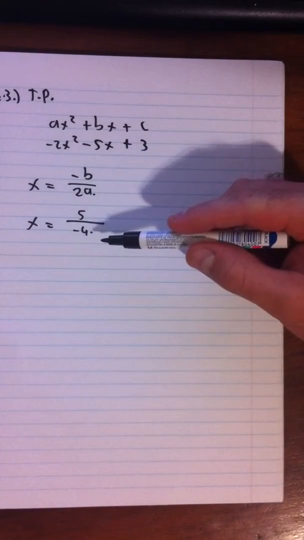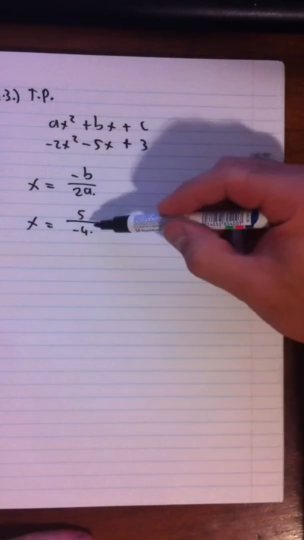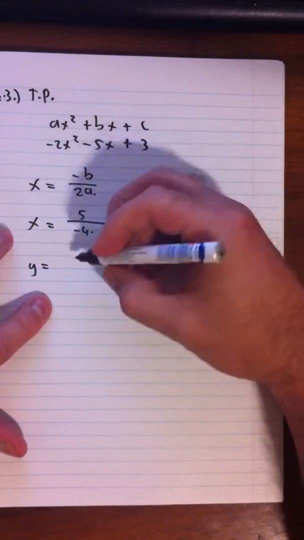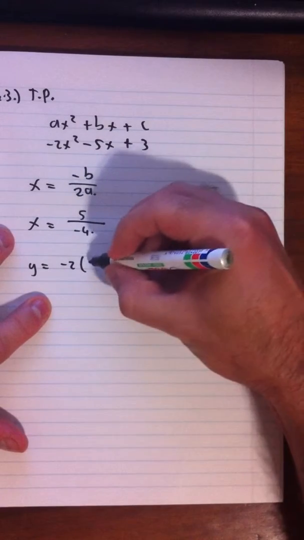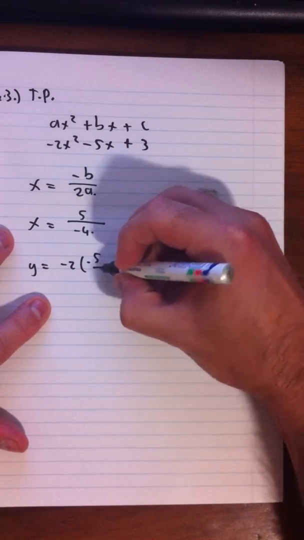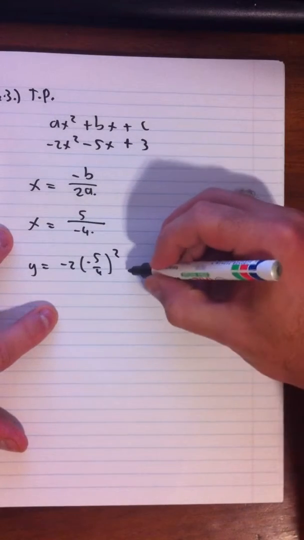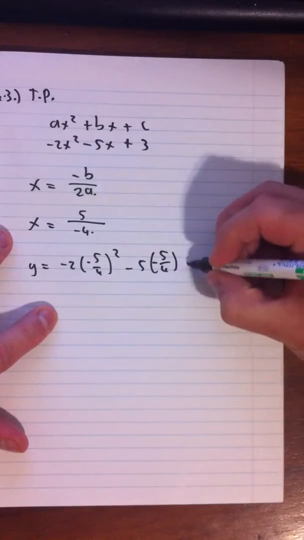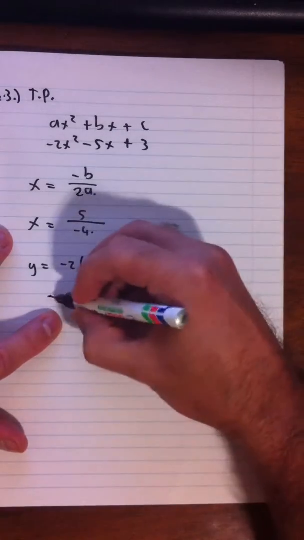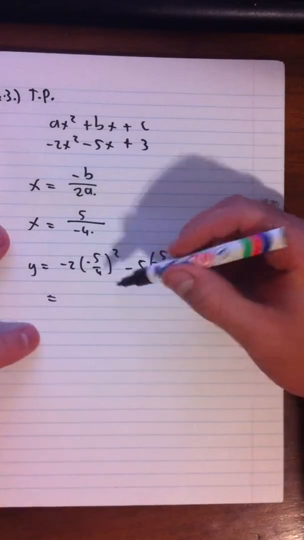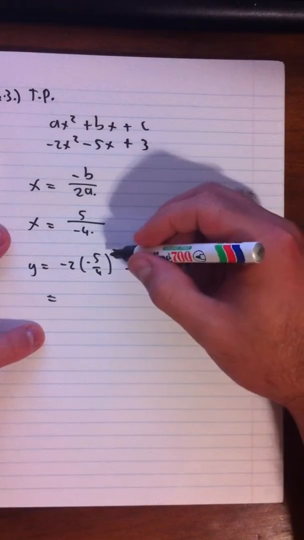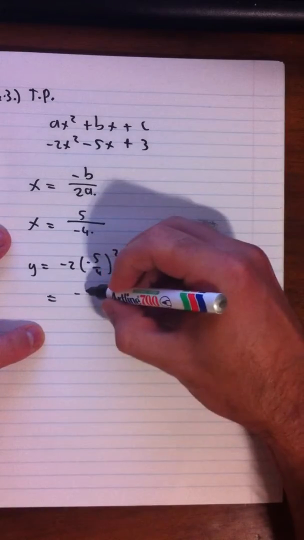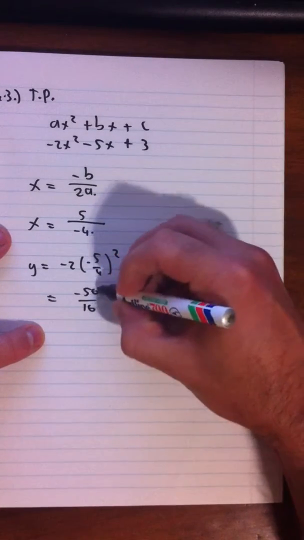To find the y value of the turning point, we just substitute this value back into our equation. For the y value, we have -2 times (-5/4) squared, minus 5 times (-5/4), plus 3. Negative 5 over 4 squared becomes positive 25 over 16, times -2 is -50 over 16.